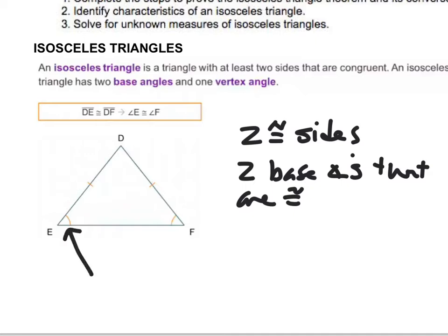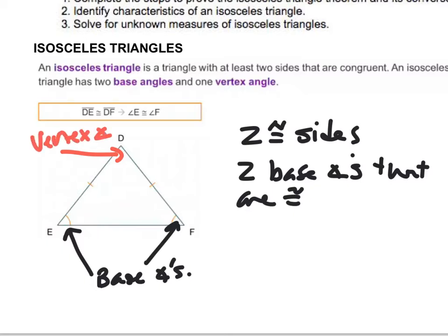If I know that these two angles, which we call the base angles, are congruent, then I know it's an isosceles triangle. And then we also have this other angle up here called the vertex angle. If you see that you have two congruent sides, you can then conclude that the base angles are congruent. And conversely, if you have two base angles that are congruent, you can conclude that those two sides are also congruent.